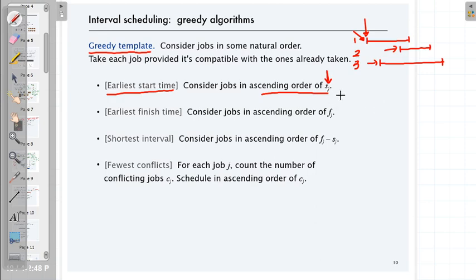Can you configure one such scenario of the example where we will be in trouble and may not be able to schedule as many jobs as possible? In which case can you identify this?